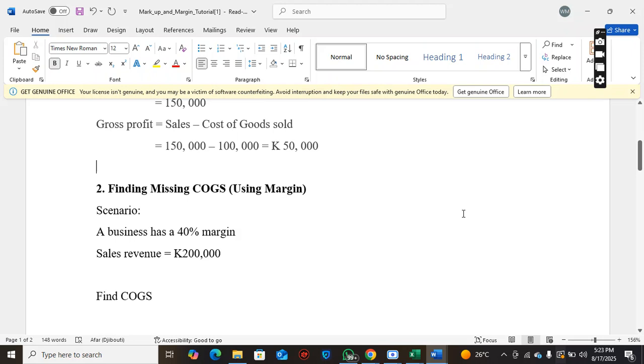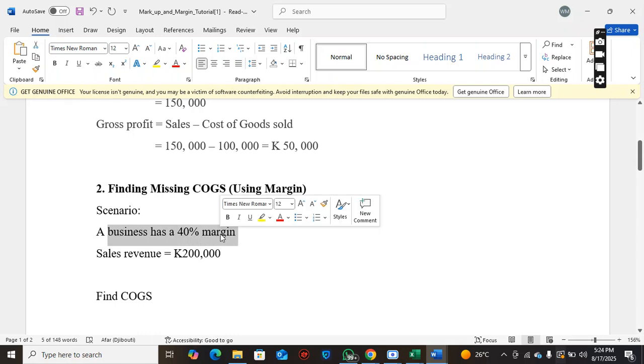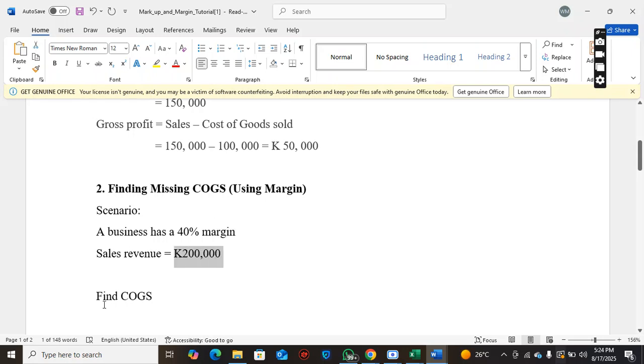Okay, next, finding the cost of goods sold using the margin. All right. So here we've been told a business has a 40% margin and their sales revenue is 200,000. Find cost of goods sold.